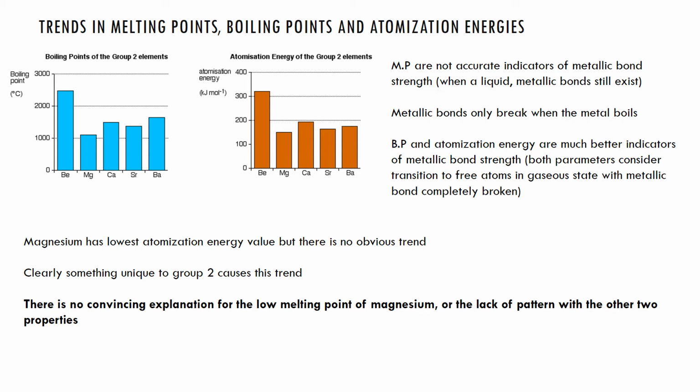Now you can see, if you look at the atomization energy trends, then magnesium has the lowest atomization energy value, but there's not really an obvious trend, and of course the same is true for the boiling points.